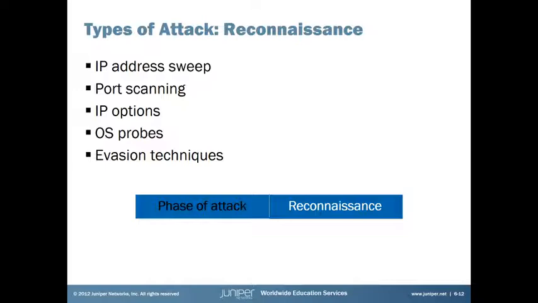And this is all part of this reconnaissance phase. So these are things that we can prevent, or detect and then prevent, using these screen options. IP options: in the IPv4 header there is a field called the options field. It's really never used. In actual fact, it's unnecessary. You don't need to use it for normal traffic.